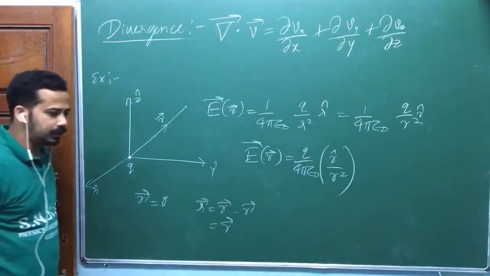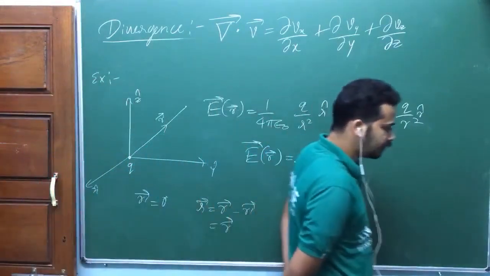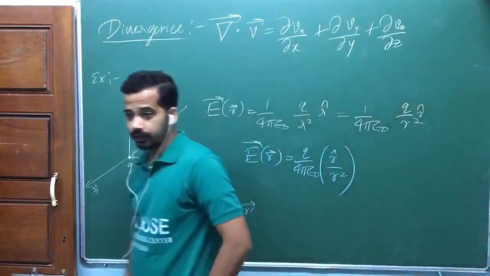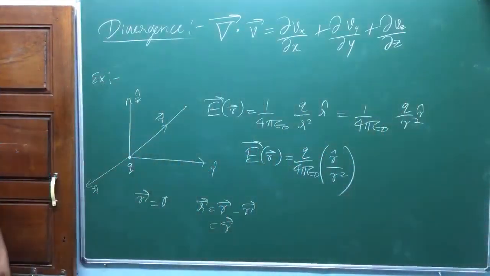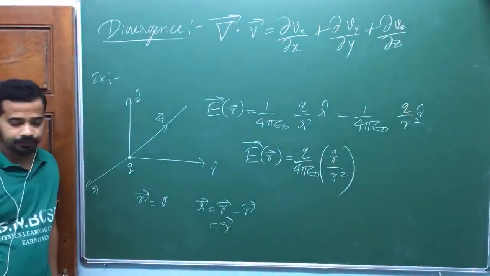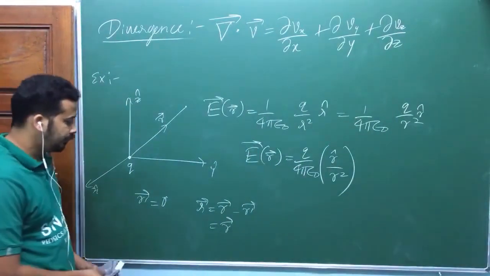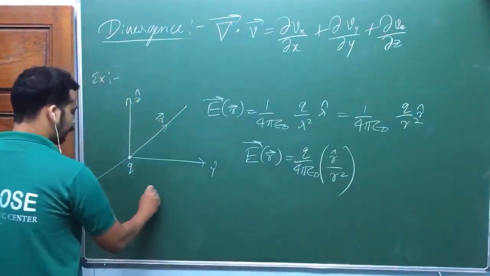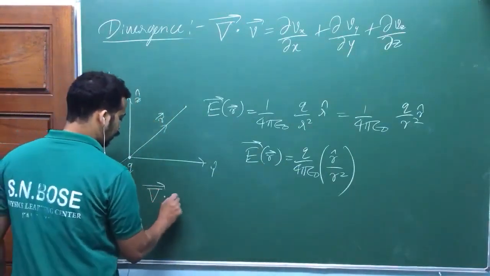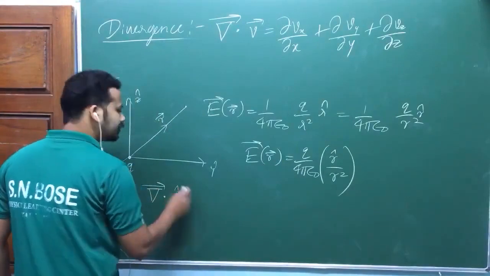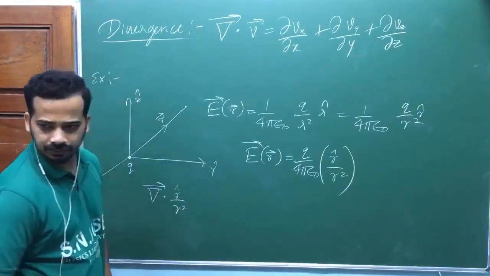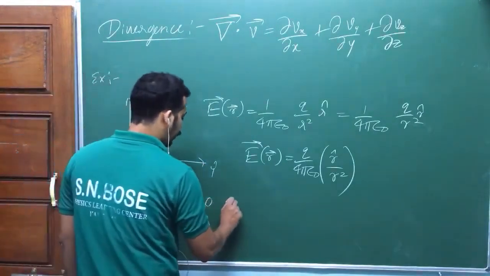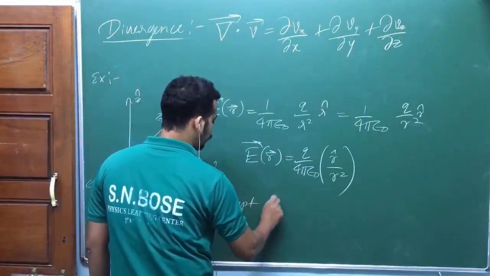Now my physical intuition says that there is only one source which is at the origin, am I right? There are no sources other than the origin, isn't it? Now look at here. If you take the divergence of r cap by r square, that is nothing but taking divergence of electric field. So that will be 0 except at the origin.